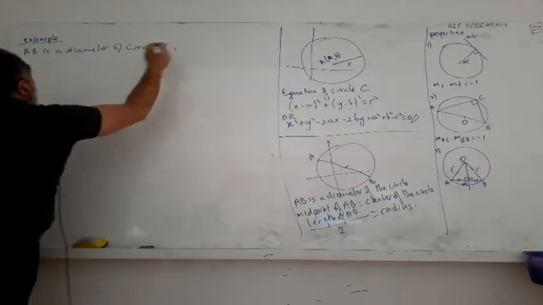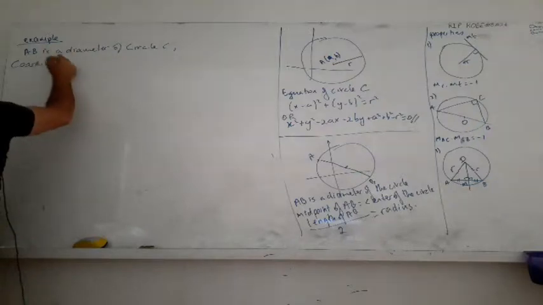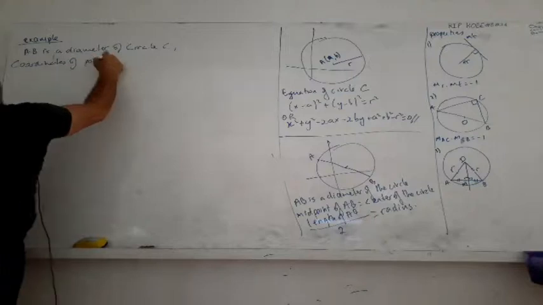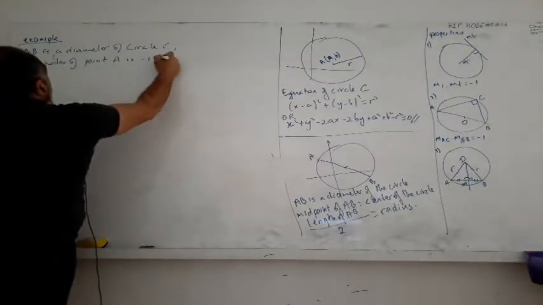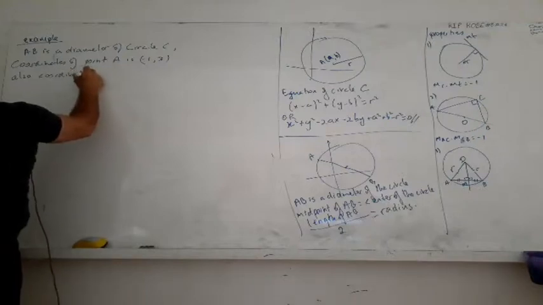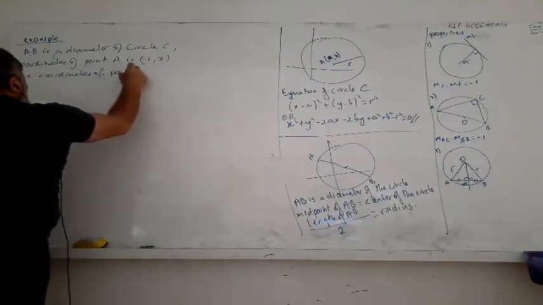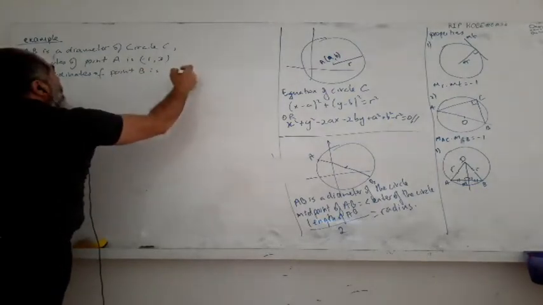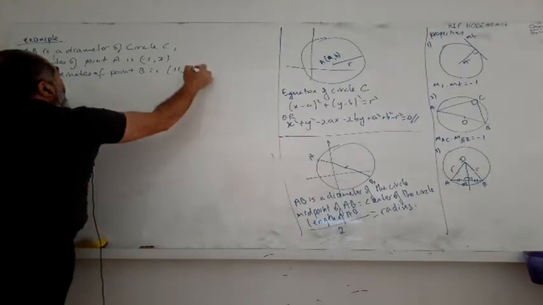Coordinates of point A is -1 and 3. Also, coordinates of point B is 11 and 7.